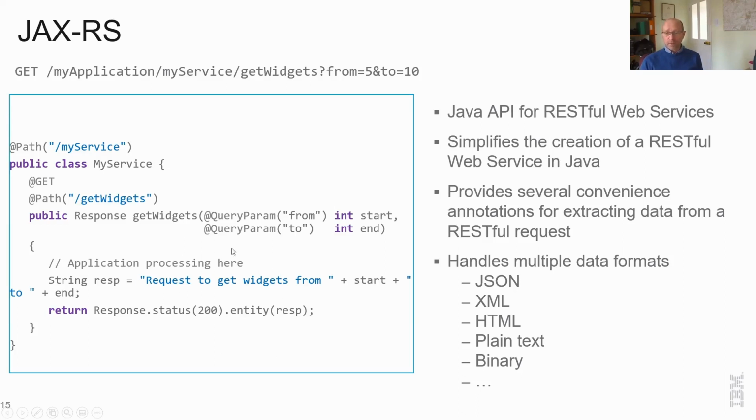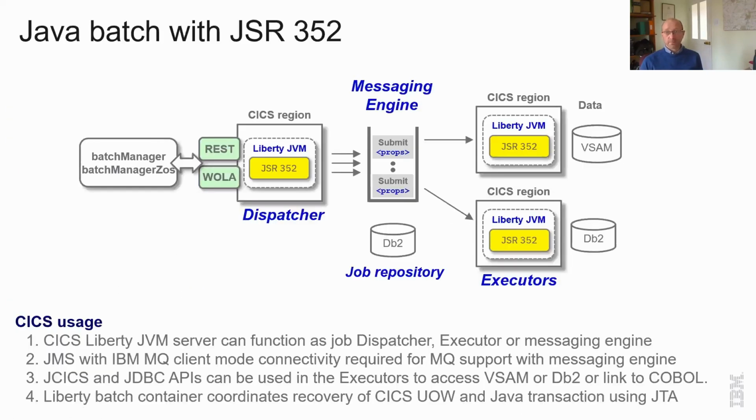Typically, you'd be building a JSON response to return back to your API client here. But you can also build XML, of course, and HTML or binary, so you can have all sorts of formats sent back using JAX-RS.